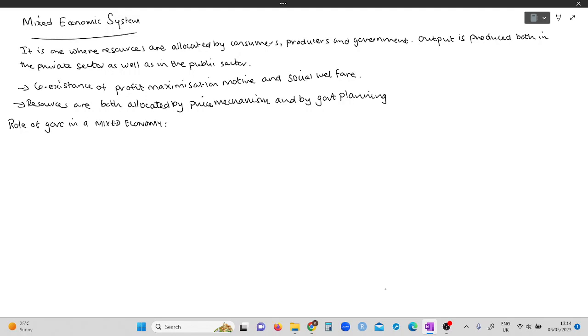So here the role of the government is to establish a legal framework, providing public and merit goods, and control the consumption and the production of demerit goods.